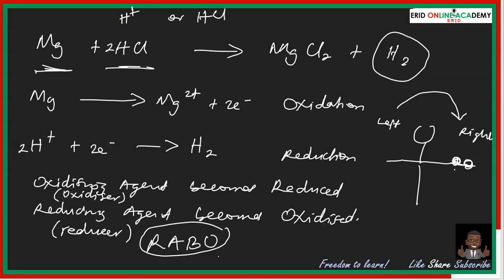That is where students get it wrong again. Your reducing agent is what? Magnesium. So in a redox reaction, you must be able to identify the reducing agent and the oxidizing agent. So let me see what you can do with this.